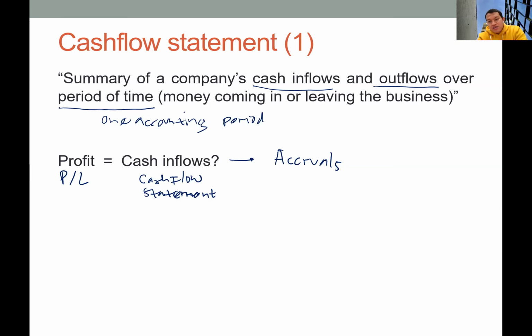What are accruals? Accruals are basically non-cash transactions. We have several transactions which are non-cash in nature. This kind of transaction will affect the profit or loss, but will not affect the cash balance.